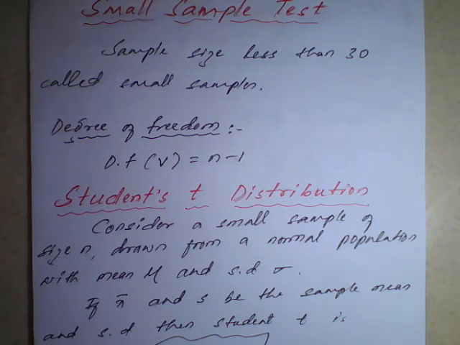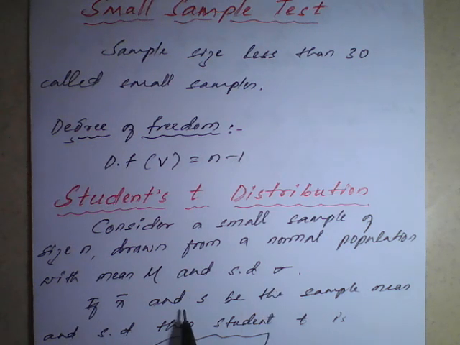The z formula is there, the formula is the same, only a slight change we will get here. So the size is n, drawn from a normal population with mean mu and standard deviation sigma.